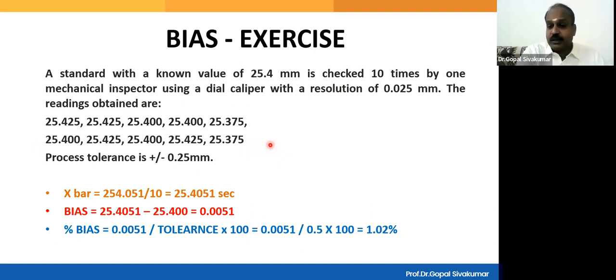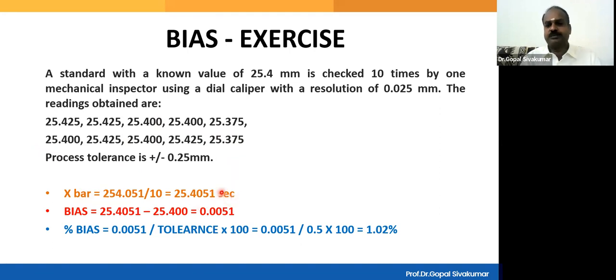When there is only one reading, you find the difference between the observed value and the true value. When there are multiple readings, first convert the multiple readings into a single value. How will you do that? By calculating the average. Find the average of the 10 readings, which is called X bar. Add all these values and divide by 10. So what is the average value?